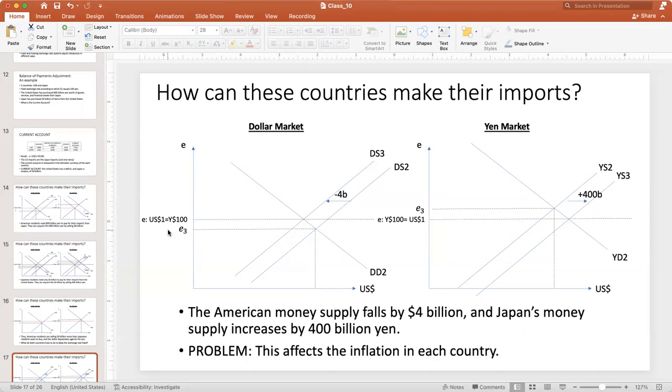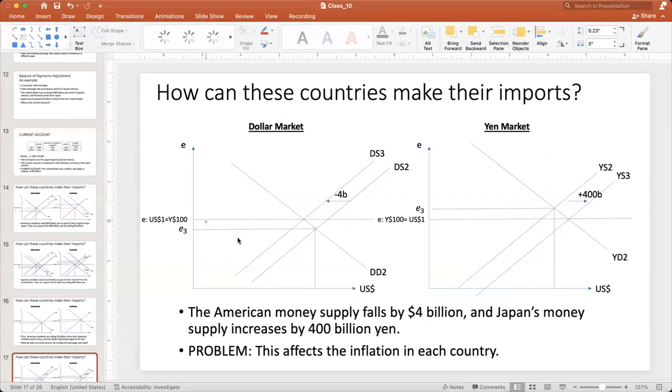Why? Because if they reduce the supply by $4 billion, the dollars should be scarce, and because of that, its price should be higher.